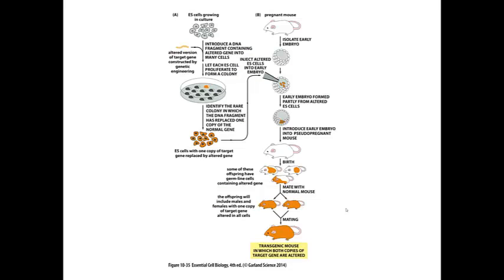This is a somewhat complicated process, but not too difficult to understand if we just take it piece by piece. So let's say you want to create a mutant mouse in gene X, whatever gene you're interested in. You have its sequence. Maybe you want to make a mouse model of a human disease, or study development of a mouse that's missing gene X. You start with some embryonic stem cells that are growing in culture, and then introduce recombinant DNA to them.